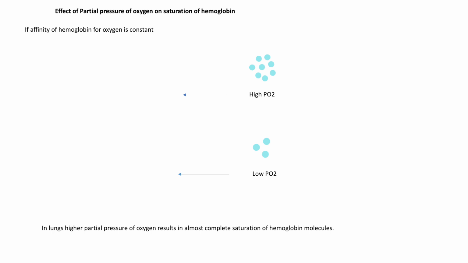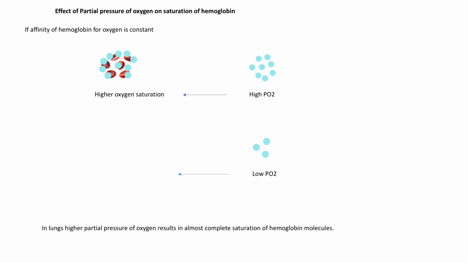Suppose we have hemoglobin that initially has low saturation, and the affinity of hemoglobin remains the same, and we expose this hemoglobin to different partial pressures of oxygen. If partial pressure of oxygen is high, oxygen will bind to hemoglobin and it will gradually increase the oxygen saturation of hemoglobin.